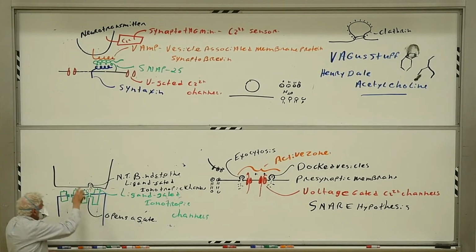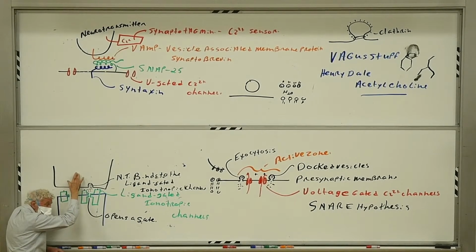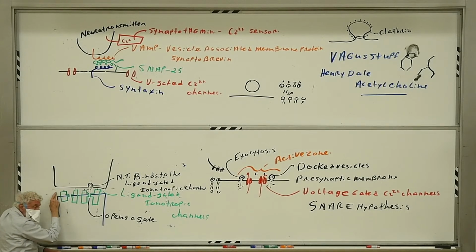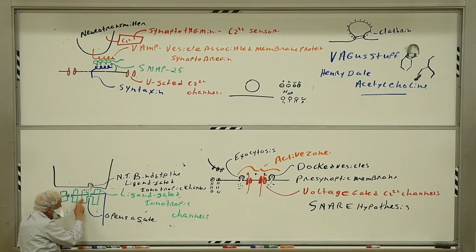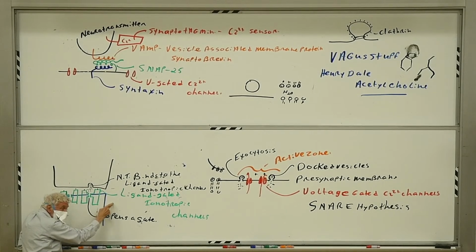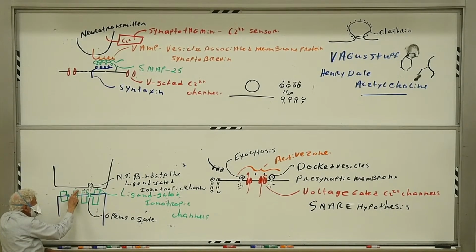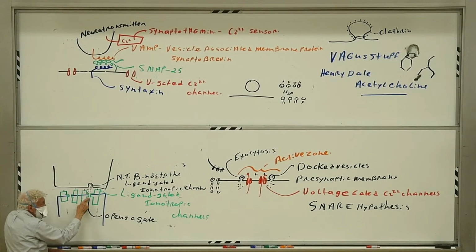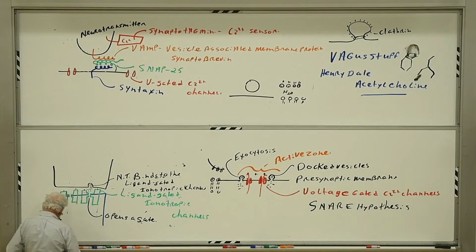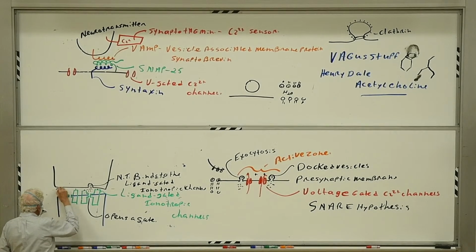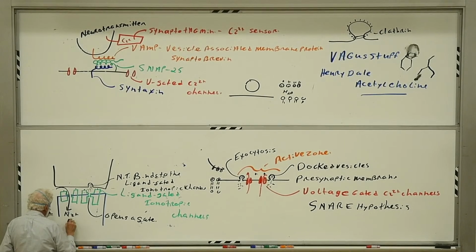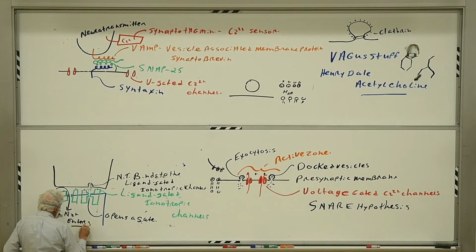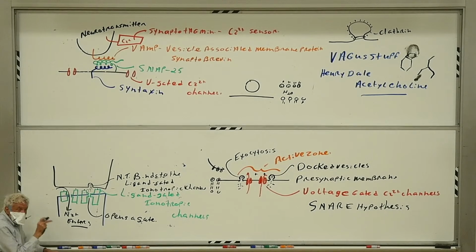So the neurotransmitter has been released from the presynaptic cell, diffuses across the synaptic cleft, and binds to the transmembrane proteins here, which are the ligand-gated channels. The binding causes a channel to open. When the channel opens, sodium comes in. So it's ligand-gated.